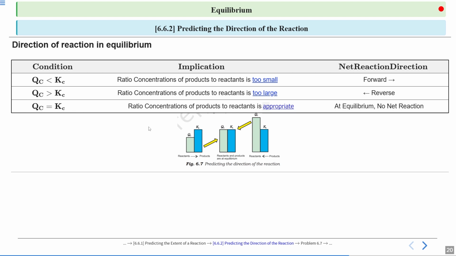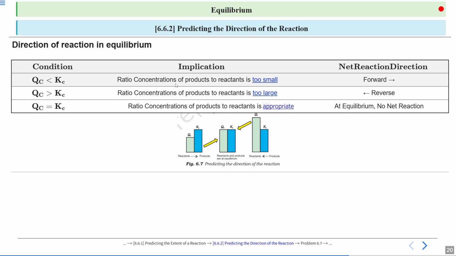The first is that Qc can be less than Kc. The second one would be Qc greater than Kc. And the third one would be Qc equal to Kc. Now what is the effect of this comparison? If your Qc is less than Kc, that means your reaction will now proceed in that direction where your product needs to be formed.